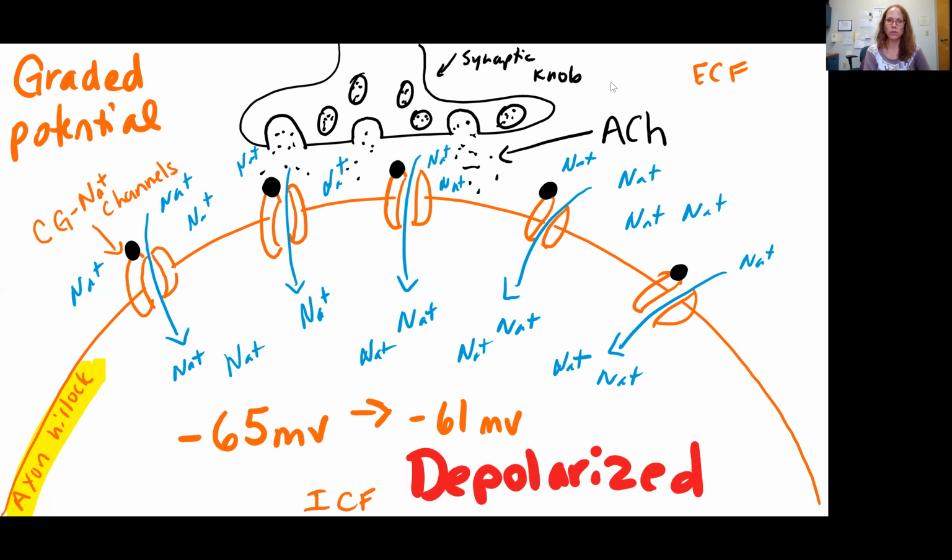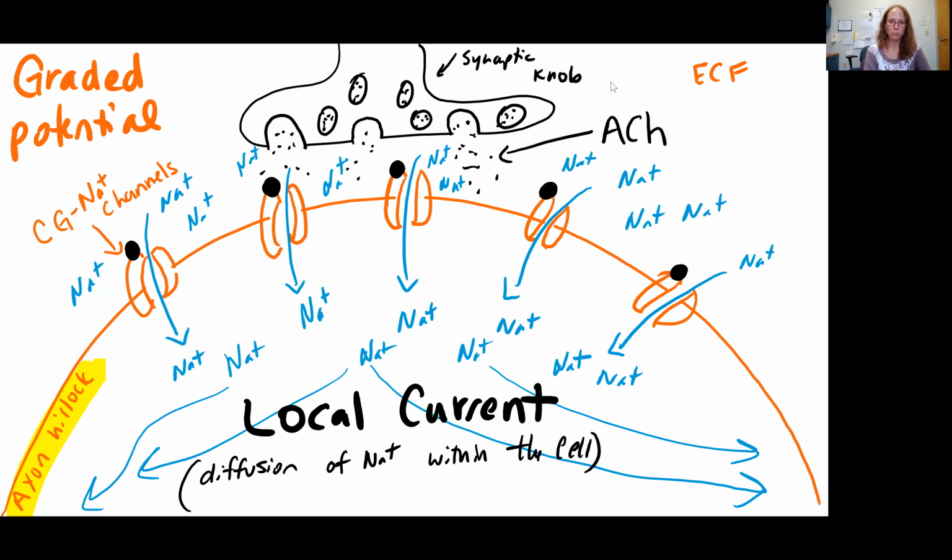There's less of a difference here. There's less of a polarity. So this is your graded potential, this initial influx of sodium through chemically gated sodium channels that are being opened up based on the binding of acetylcholine or some other neurotransmitter.